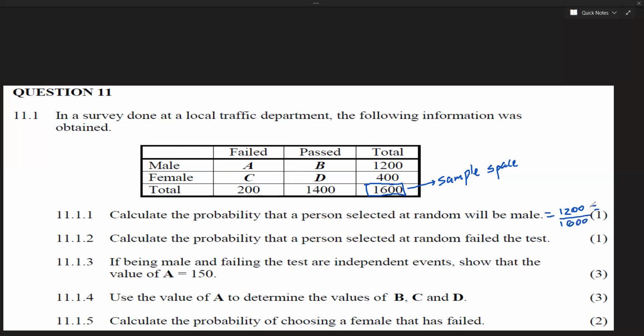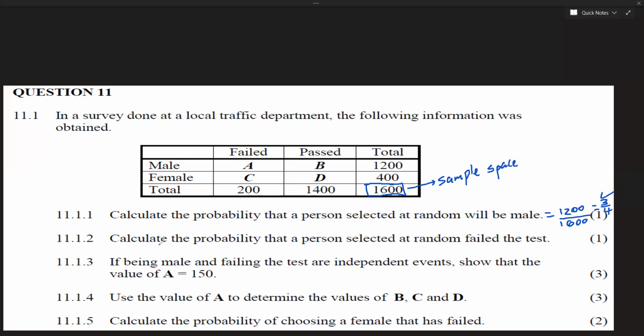If you press this on a calculator, it simplifies to 3 over 4. Some people leave it in decimal places or percentages, but I advise you to always leave it in common fraction because my observation of memorandums is it's mostly in simplified common fraction.